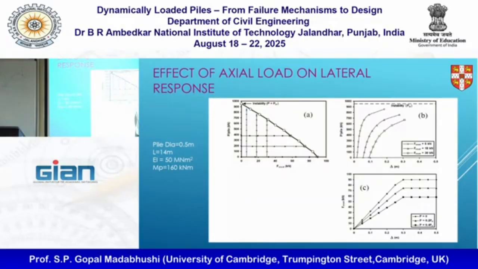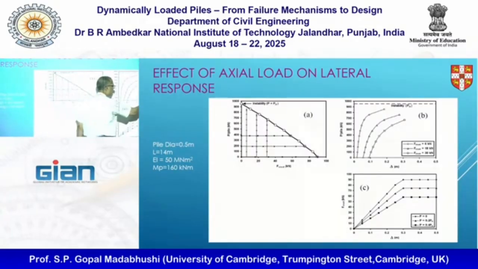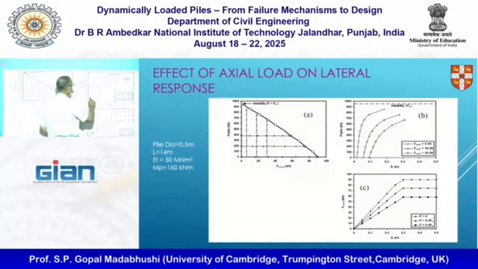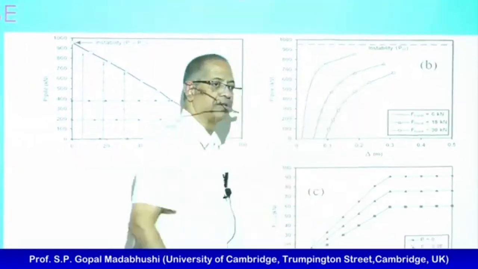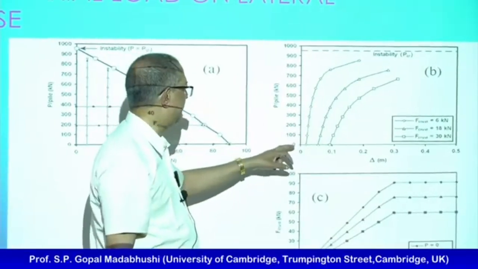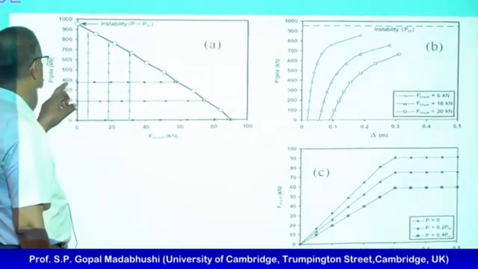You can also check what the pile deflection, delta, is compared to the load you're applying per pile. For different crust forces, 6, 18 and 30, these are plotted. The instability is about there. So clearly we don't want to go as far as that. Say I'm applying 400 kilonewtons force.